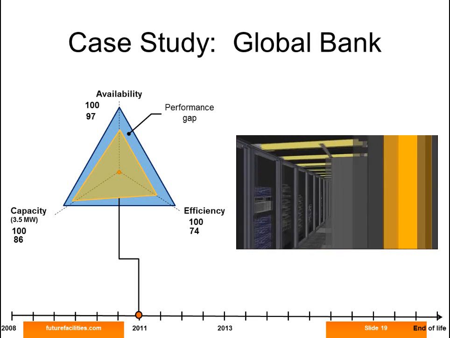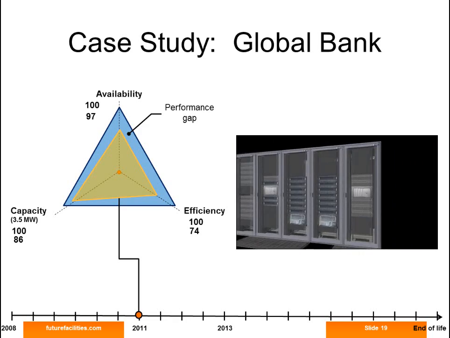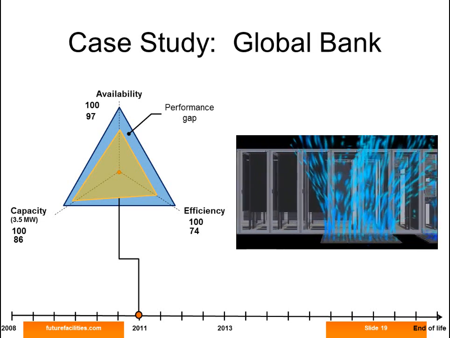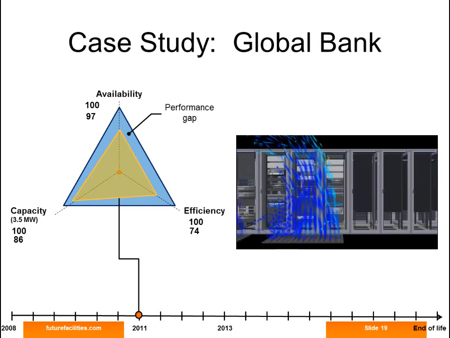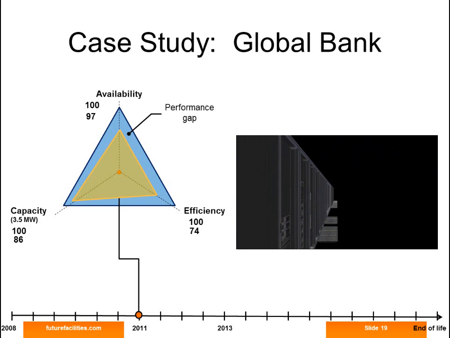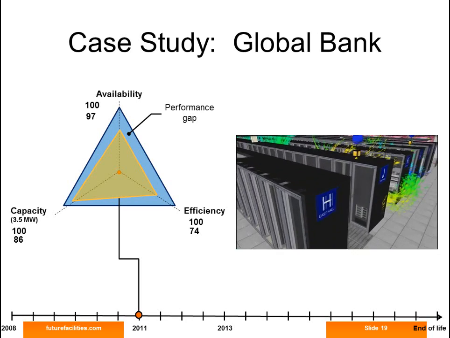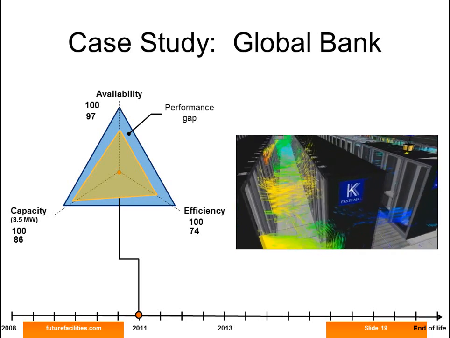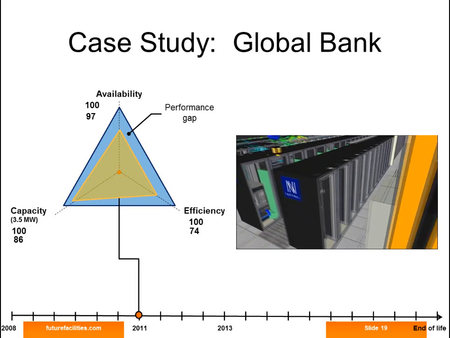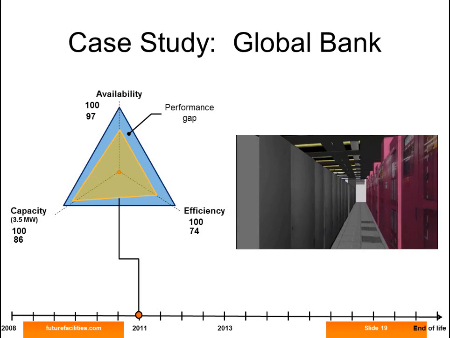In addition, they were experiencing hotspots, as I mentioned, and they were affecting IT equipment, putting them at risk of failure. 3% of the total kilowatts of installed IT load was at risk of a failure condition. In order to even hold the data center at this level of performance for availability and capacity, they had to run their data center at a less than optimal level of efficiency, 74% compared to 100.